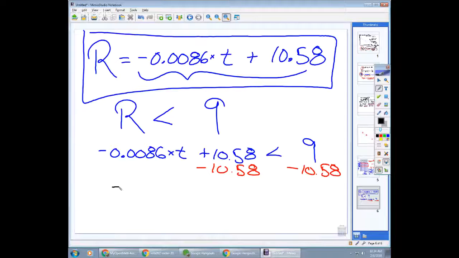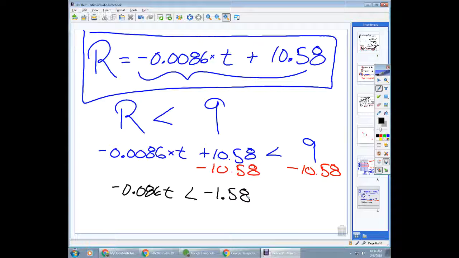That gives me negative 0.0086 t less than negative 1.58.